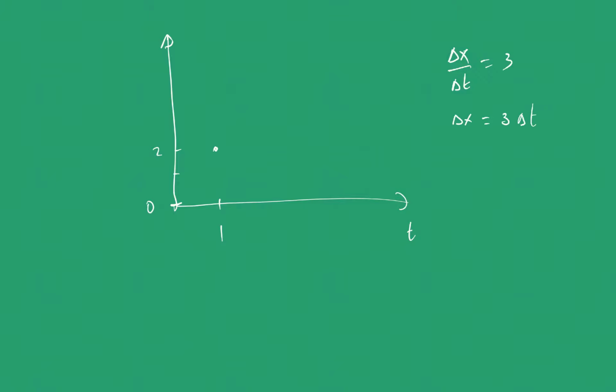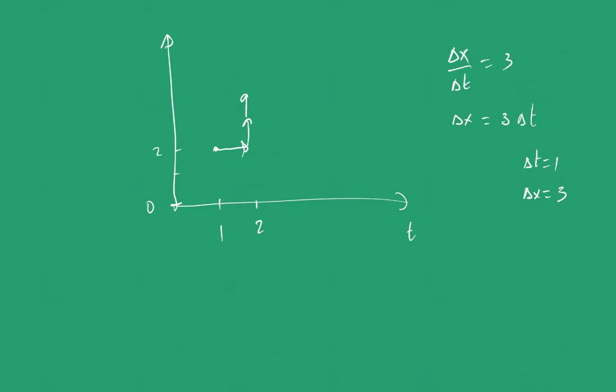So if I start at the point t equal 1, x equal 2, and I move delta t equal 1, it will mean that delta x is equal 3. So I move 1 to the right, delta t is 1, delta x is 3.